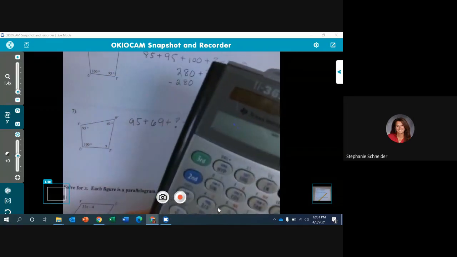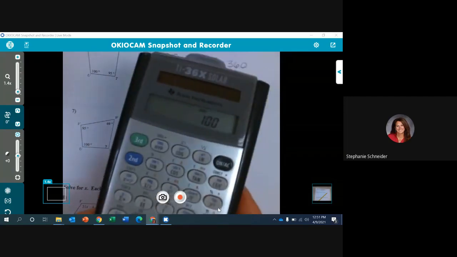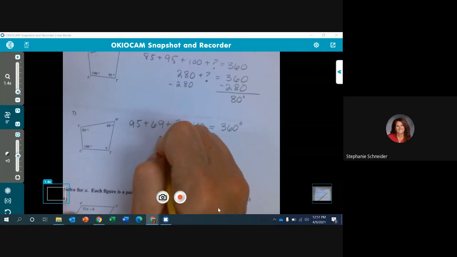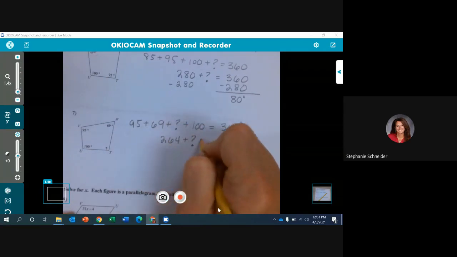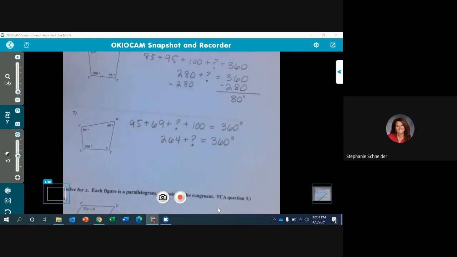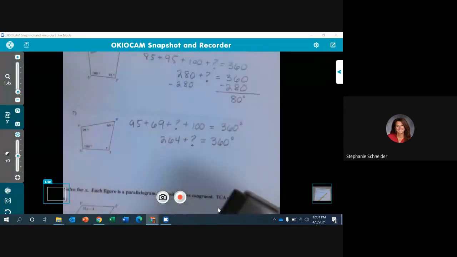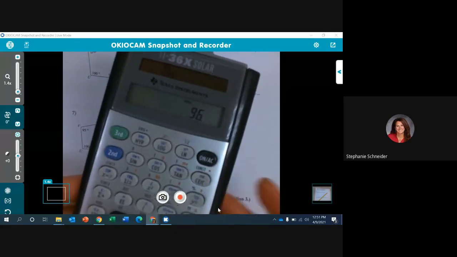So 95 plus 69 plus 100 equals 264. So we have 264 plus my question mark is going to equal 360 degrees. 360 minus 264 is going to give me 96.